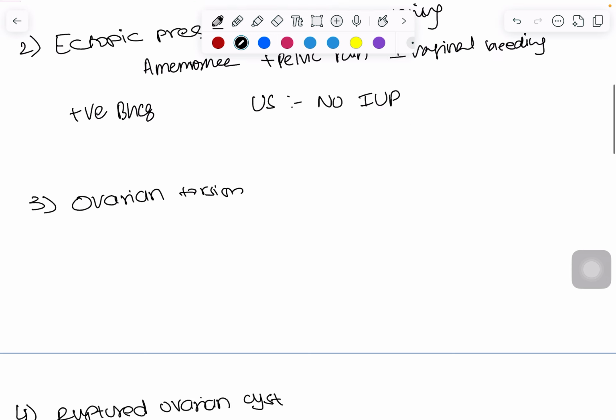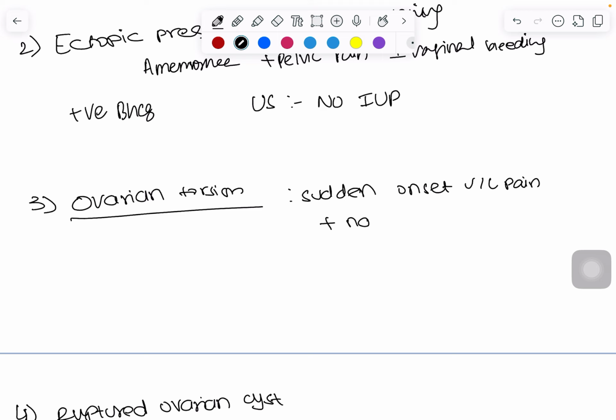Next off, we have ovarian torsion. This is a sudden onset unilateral pain. And with the pain, the patient might have some nausea and vomiting as well.